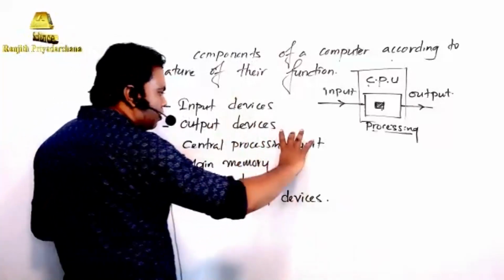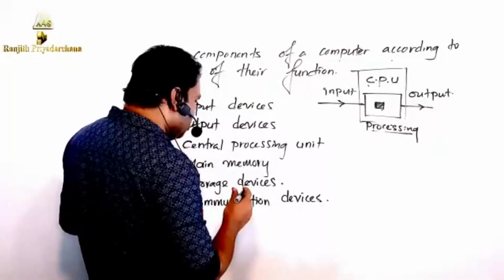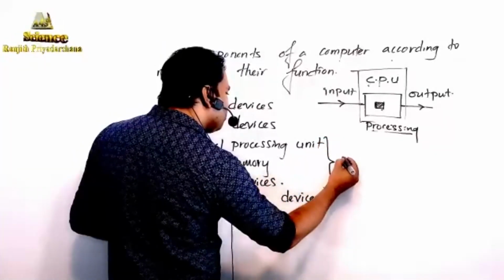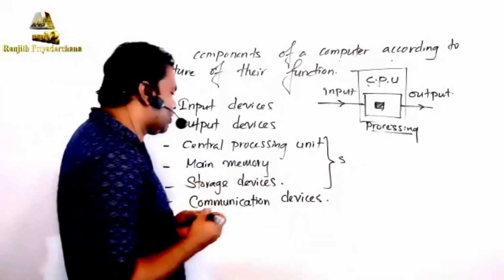Actually, the central processing unit, main memory and storage devices exist inside the system unit. Sometimes storage devices exist externally.